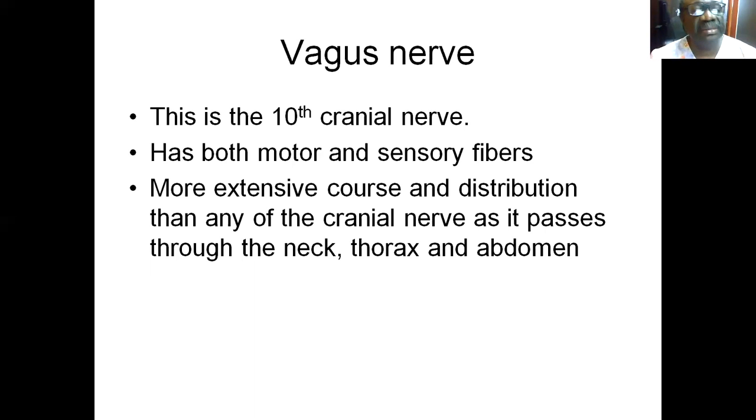Can you imagine? From the skull, it passes through the neck, the thorax, and the abdomen. And let me be quick to tell you that the distribution of the vagus nerve on the left side is different from the distribution on the right side of the body.